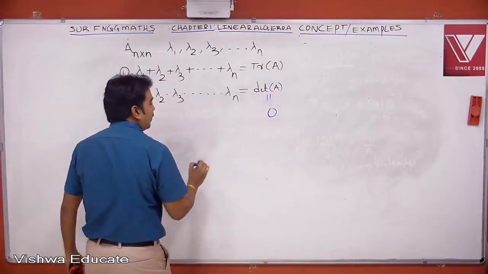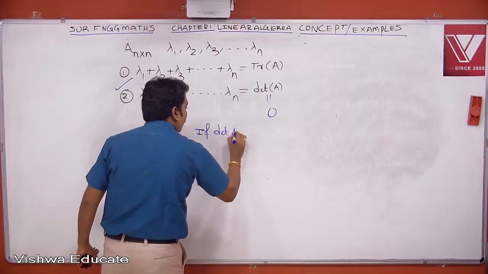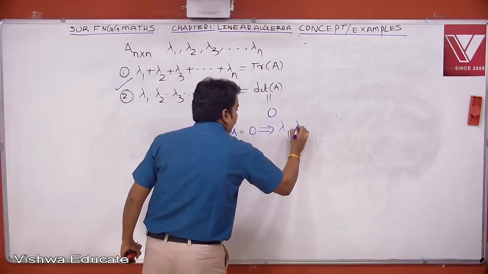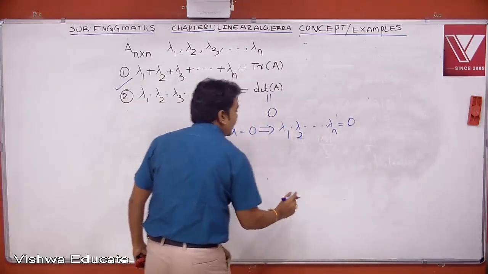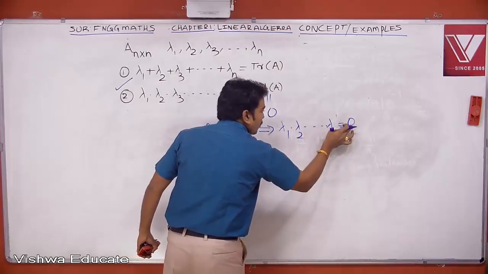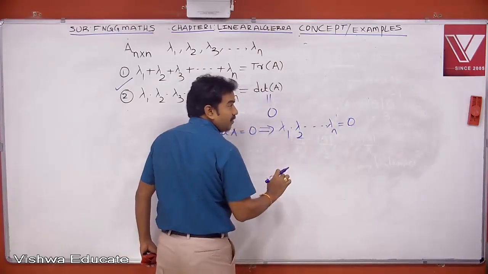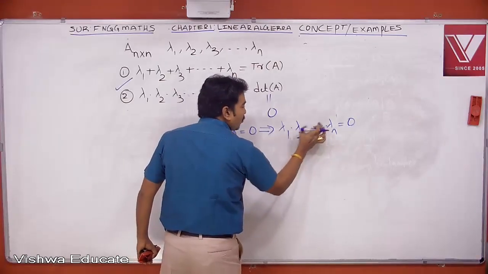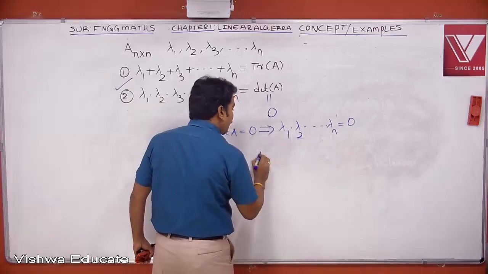So if det A equal to 0, it implies lambda 1 into lambda 2 into and so on lambda n equal to 0. So a product of n numbers equal to 0 implies at least one of these eigenvalues must be 0. Very basic point. When you multiply a few numbers, if the outcome is 0, what does it mean? At least one of these values must be equal to 0.